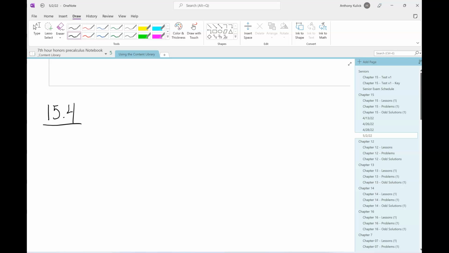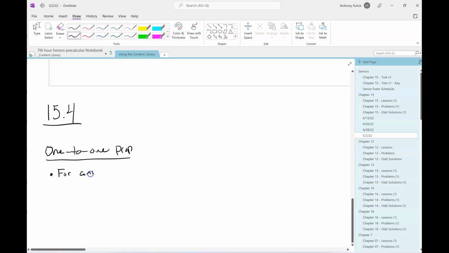So the first idea here is we're going to take advantage of this one-to-one property. What this is saying is, if we have any exponential function, if b to the x is equal to b to the y, then x has to equal y.